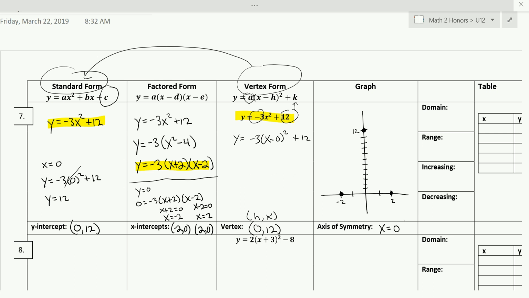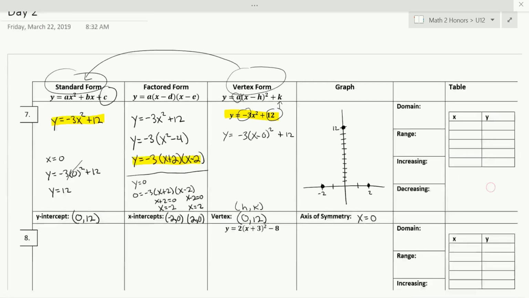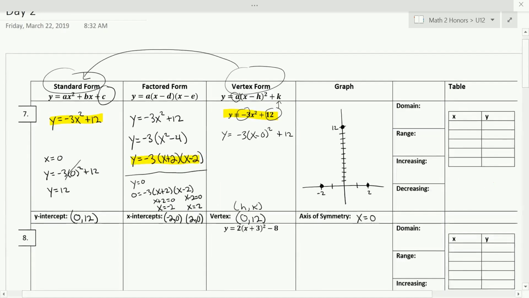And so now we have 3 points, but I want 5 points on the graph. So what do you do if you're missing some points? Pick your favorite x value, plug it in, but my advice is keep your x value close to the axis of symmetry. So what do you want to pick for x? 1, okay.